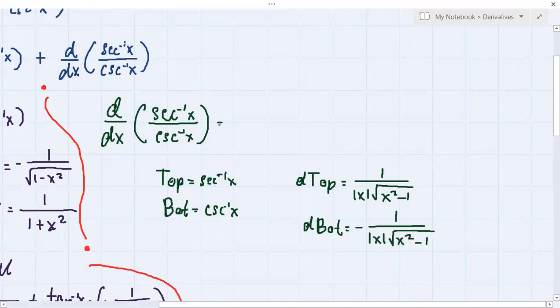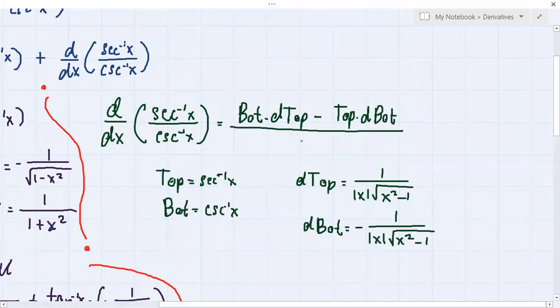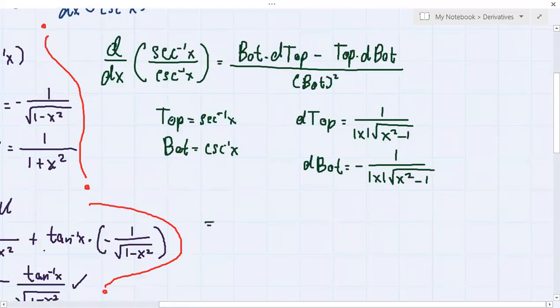So, we can now substitute the formula. Ang formula ng quotient rule ay bottom or bot times the derivative ng top or d top minus top times the derivative ng bottom, all over, i-square natin si bottom. Ayan. Let's now substitute. Si bottom, this is arc cosecant.